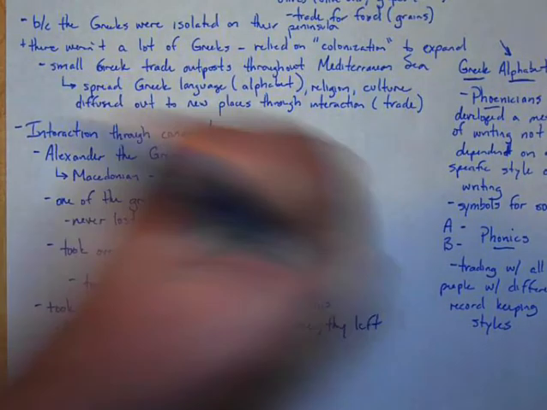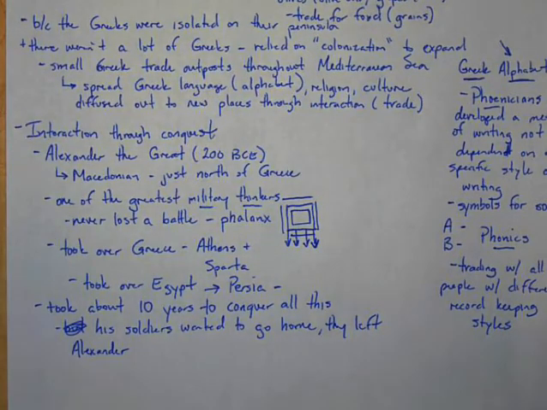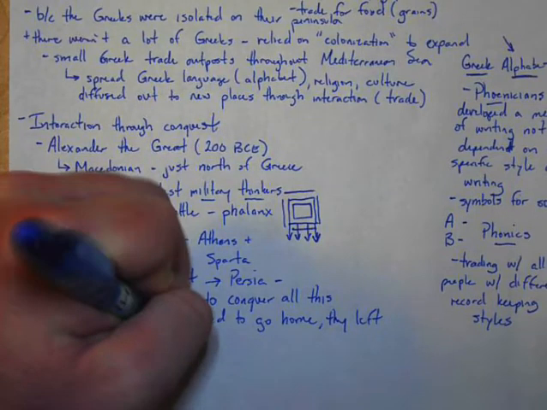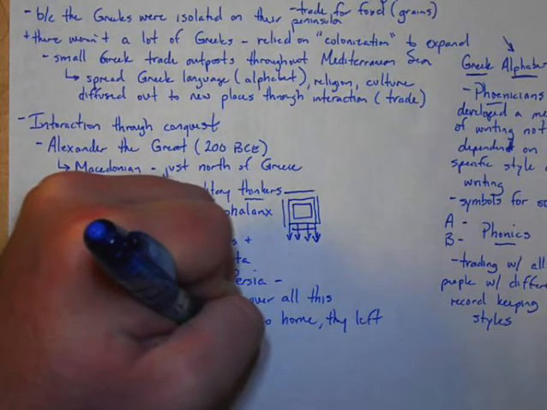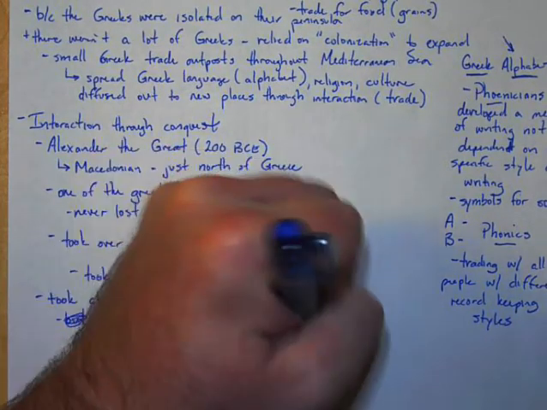Alexander kind of just followed his soldiers back home to Macedonia, but on the way back home, Alexander died.